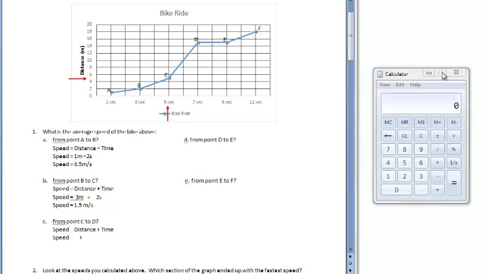Problem 1C is going to start at point C on the graph and go to point D. We want to know the speed from point C up to point D. So the first thing we need to look at is distance. When we look to the left, our distance for C is at 5 meters.